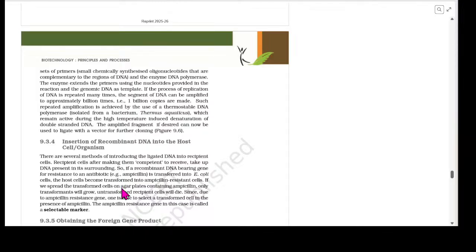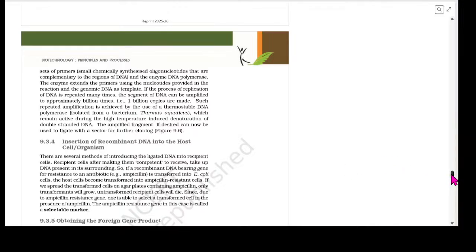If we spread the transformed cells on agar plates containing ampicillin, only transformants will grow. Untransformed recipient cells will die. Due to the ampicillin resistance gene, one is able to select a transformed cell in the presence of ampicillin.